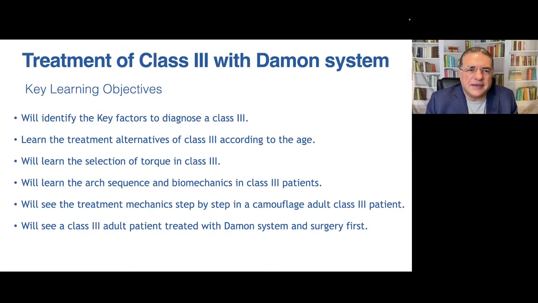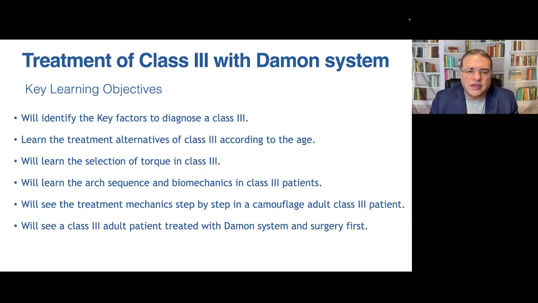My learning objectives of this lecture are that we will try to identify the key factors, how to diagnose a class 3. We will learn the treatment alternatives of class 3 according to the age of the patient. Also, which is very important, we will learn the selection of torque with the Damon system using the variables of torque in class 3 patients.